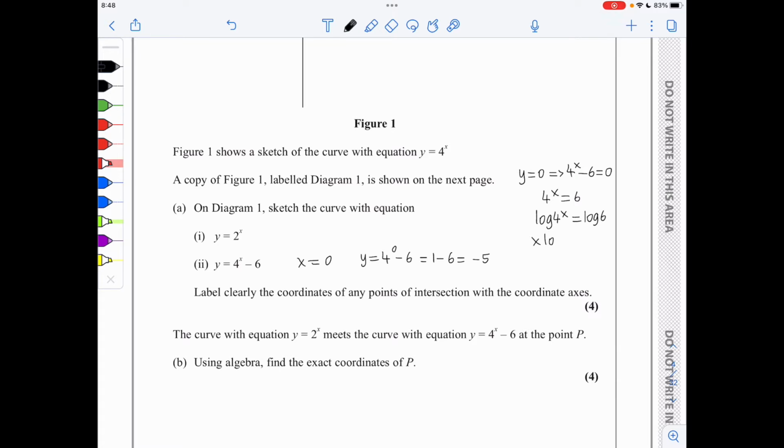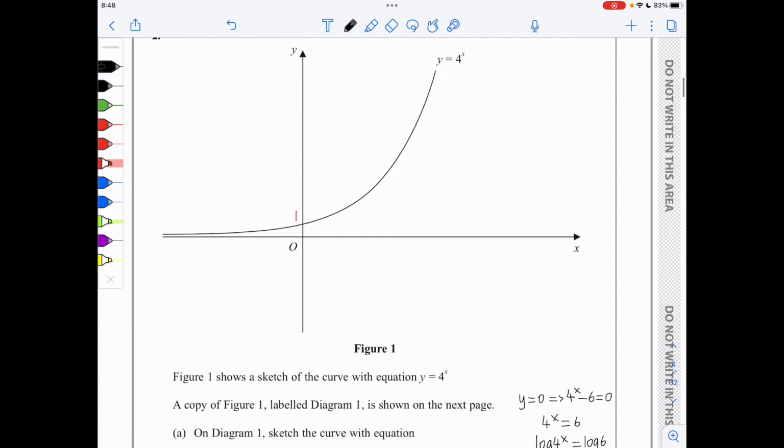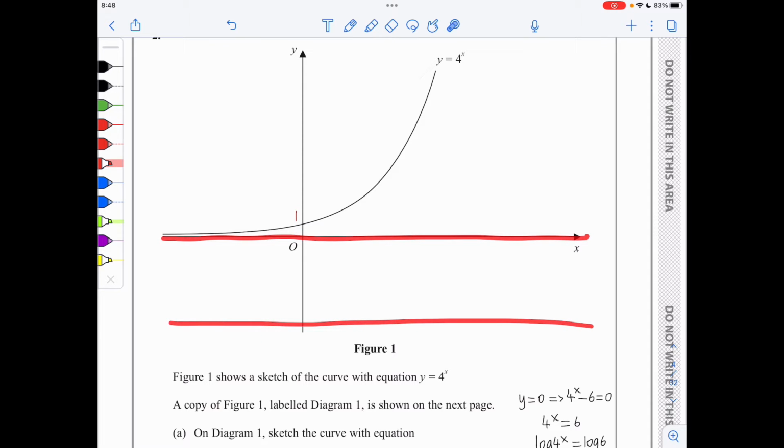So x log 4 is log 6, which means that x is log 6 over log 4. The final thing we need to note is that the graph of 4 to the x has the x-axis as an asymptote. So when we draw 4 to the x minus 6, this asymptote will move 6 units down, and it's going to be at y is negative 6.